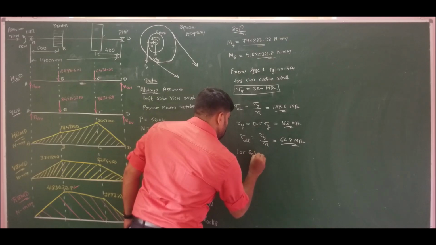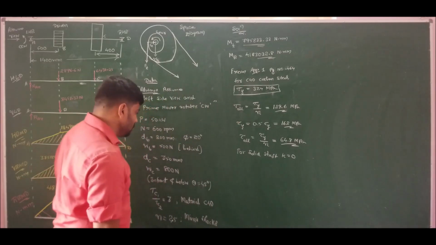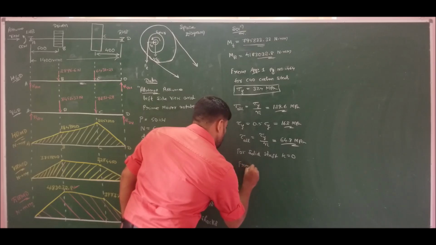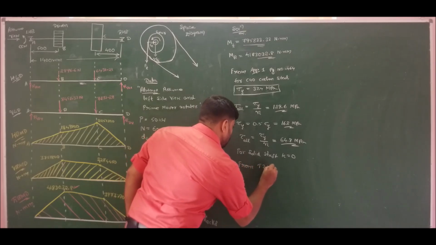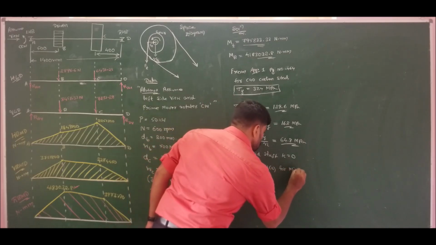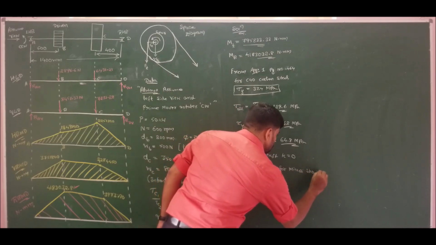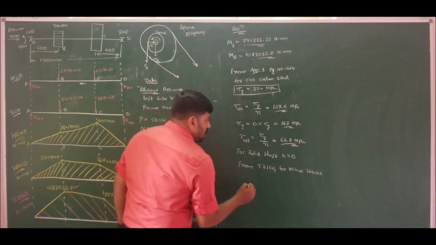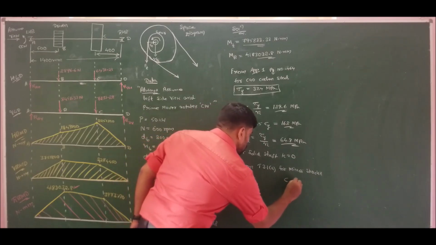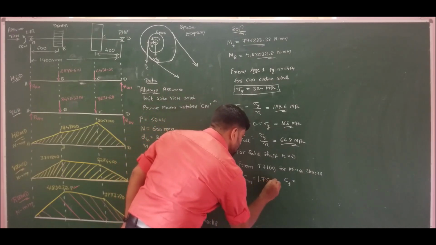For solid shaft, the value of diameter ratio k is 0. This also you know. Next, coming to minor shocks, from table 3.1a, for minor shocks, the fatigue and shock combined correction factors Cm and Ct are: Cm varies from 1.5 to 2, so therefore I should take it as average 1.75.